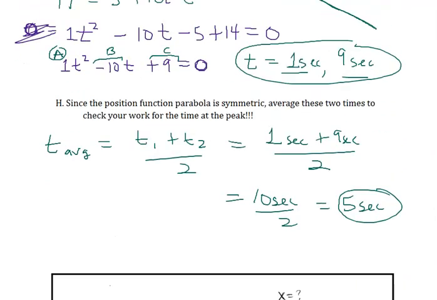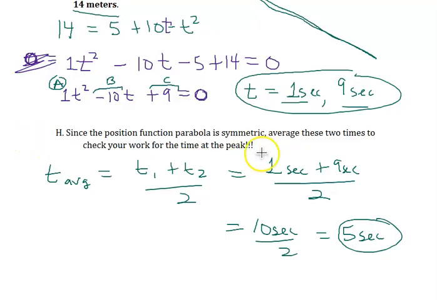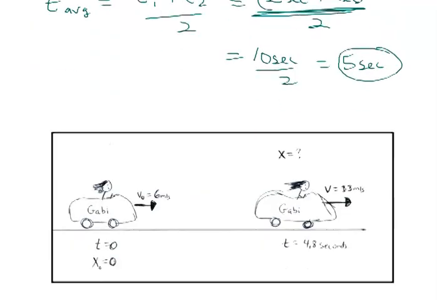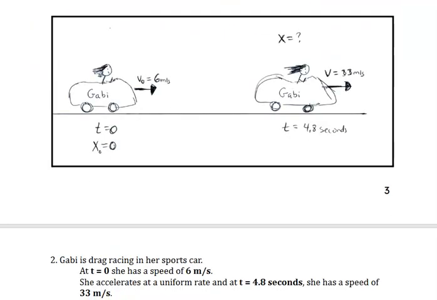So the vertex of the parabola occurs at the average of any 2 solutions to the quadratic. All right, that was question 1.